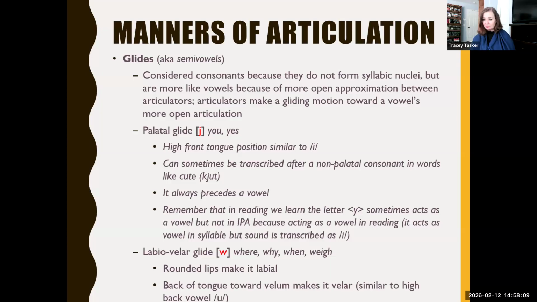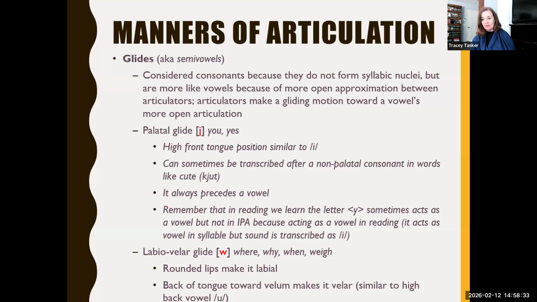Sometimes it gets transcribed after a non-palatal consonant, so a word like cute: k, and then yoo, cute. Now, if some of you are teachers or had experience helping someone with literacy, or you just remember when you were taught to read, we said, what are the vowels?